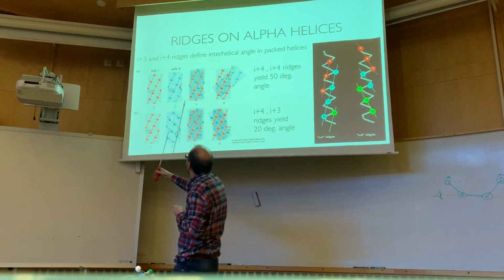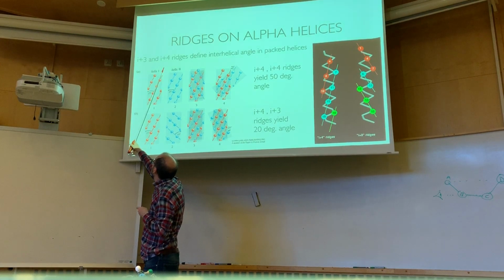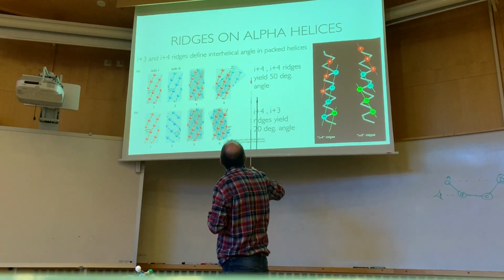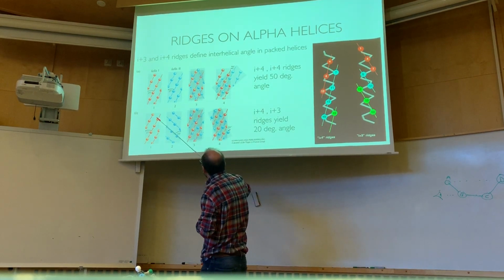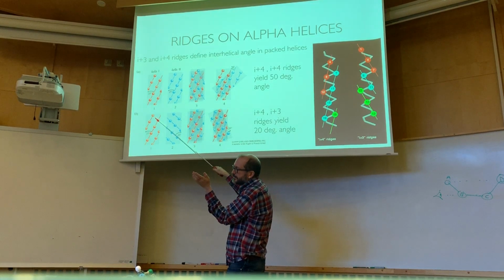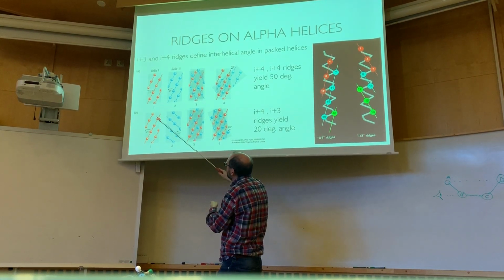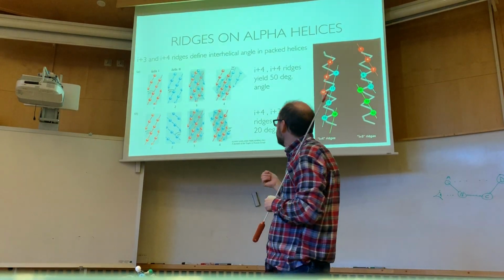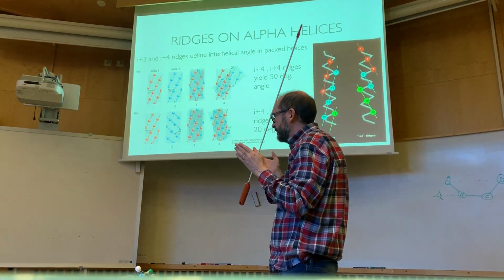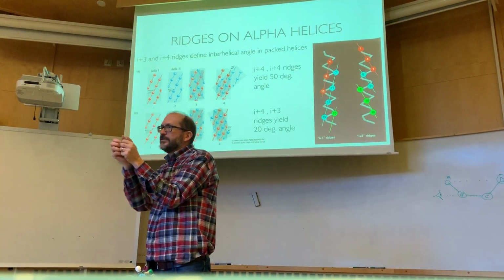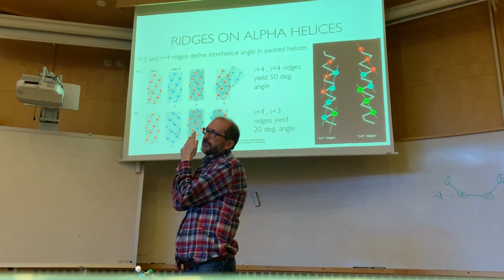And so this one, which is the I and I plus 4 one, is 25 degrees from the chemical axis, and this one, between I and I plus 3, is 40 to 45 degrees, and it's left-handed, so it's the opposite hand of this. The reason I'm harping so much on this is because if you take two wooden dowels, just cylinders, and put them next to each other, they can be perfectly parallel.